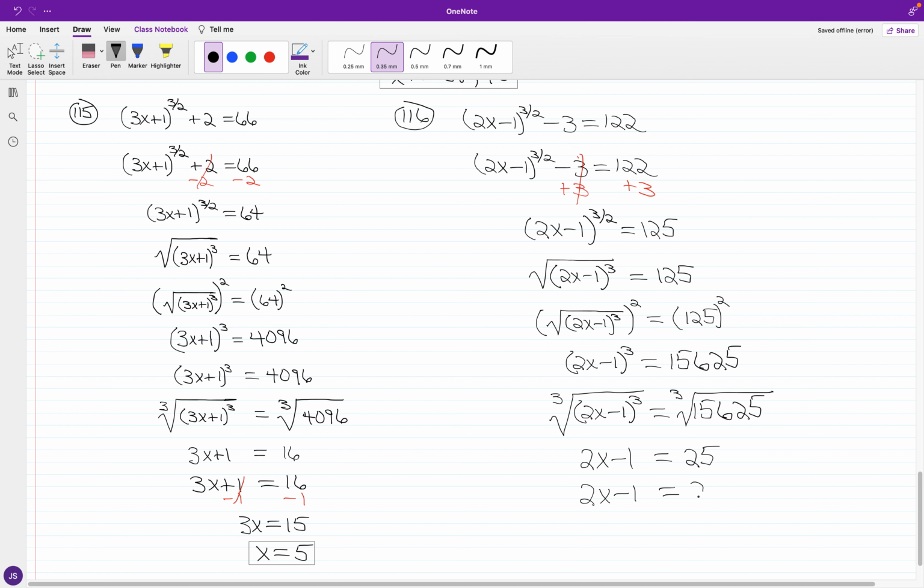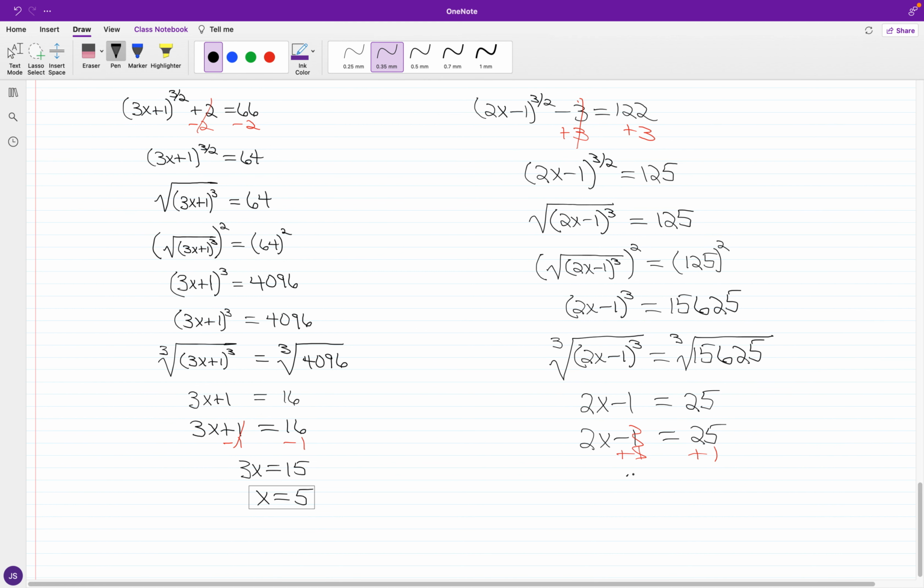Now I just mentioned earlier, when we translated to square root, you had the square root of an expression equal to a positive 125. Again, no negative constant, so I still had the green light to proceed. So we got 2x minus 1 equal to 25.